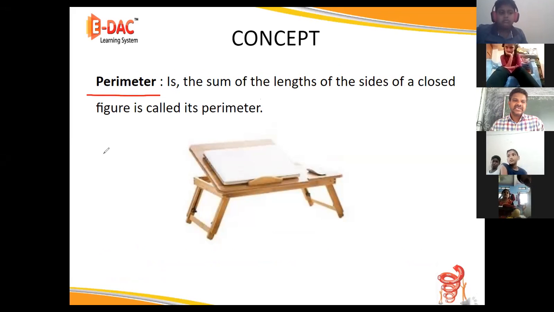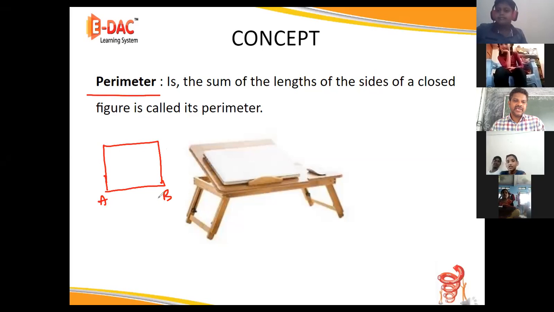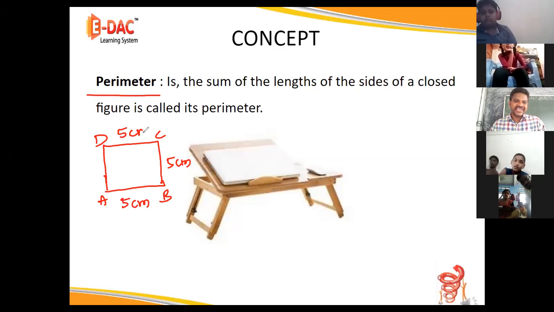Now see, here I am giving one figure. This is one rectangle, or we call it a square. This is A, B, C and D. AB is 5 centimeters, BC is 5 centimeters, CD also 5 centimeters, and DA also 5 centimeters.